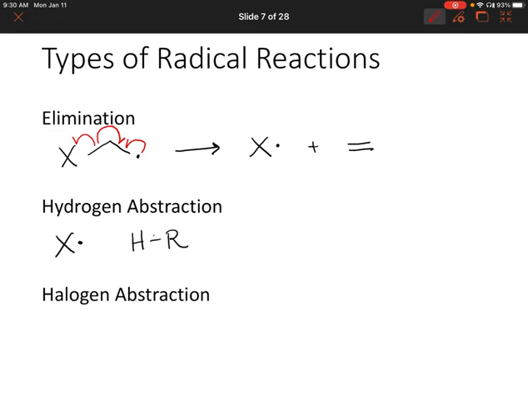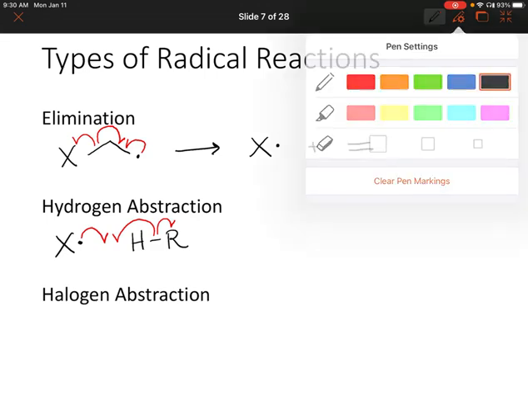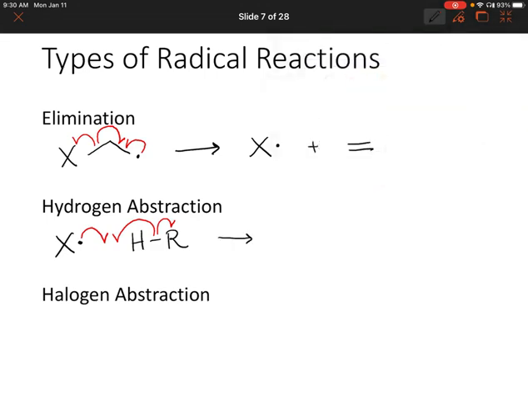We can break apart the covalent bond between hydrogen and that alkyl group and create a new bond with that halogen, or whatever X might be. So now that hydrogen will be bonded to the halogen, and we're left with an alkyl radical.